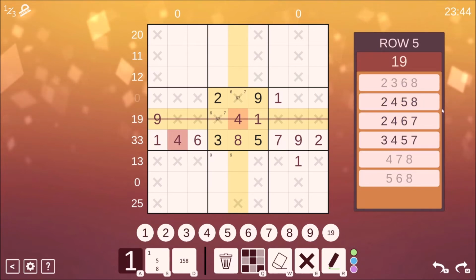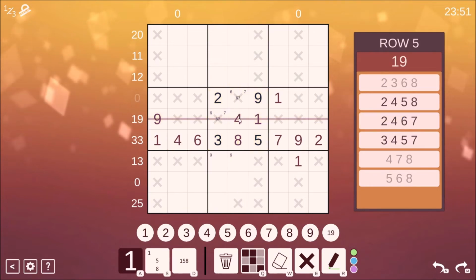Now I'm going to check some of these with consecutive numbers, such as this one. So we have our 4 here. We need to split the 6 and the 7 by a 2. Now, we could do a 2 here, 7, 6.